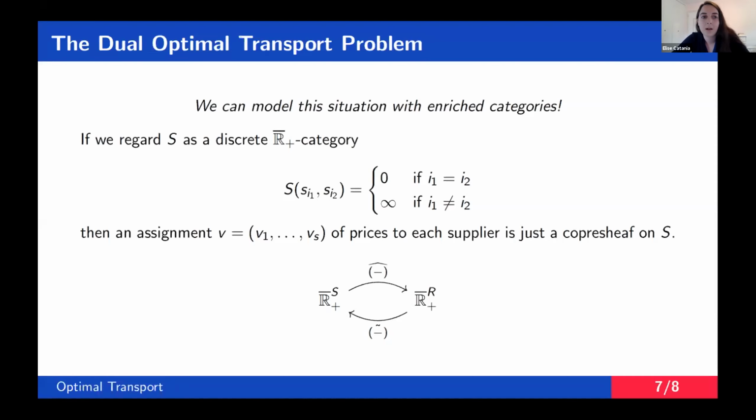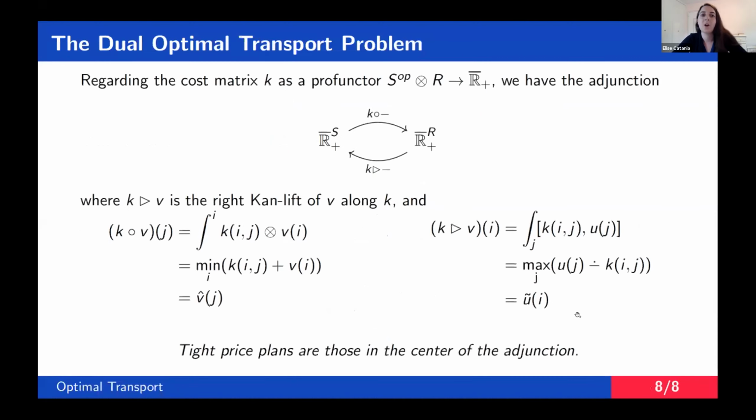And so if we regard S as a discrete R bar plus category, then an assignment V of prices to each supplier is just a co-presheaf on S. So we see that we have this duality between that hat operator we saw earlier and this tilde operator. And then regarding the cost matrix K as a profunctor, we can see that the cost matrix K is just an R bar plus profunctor from S to R.